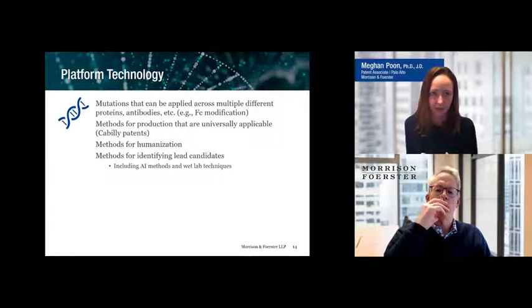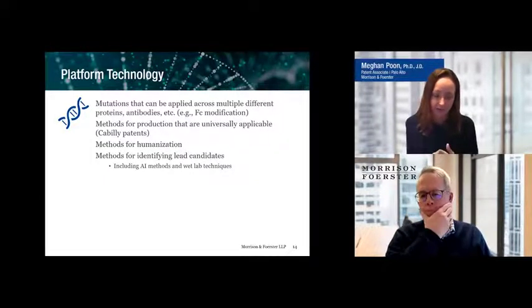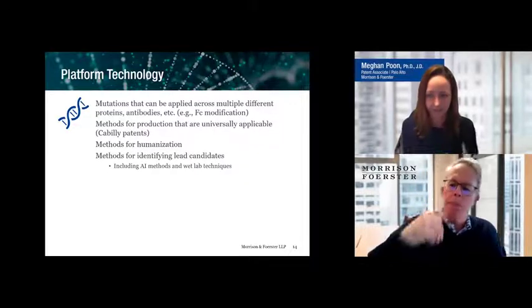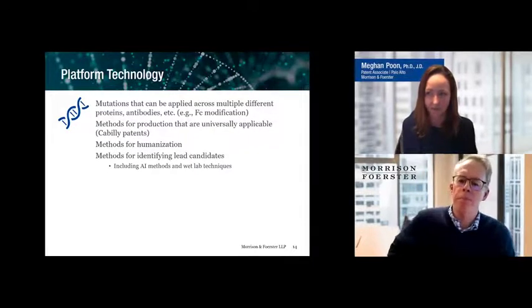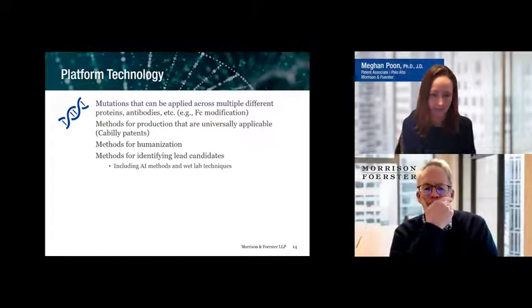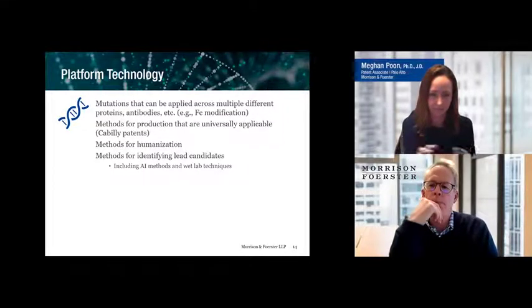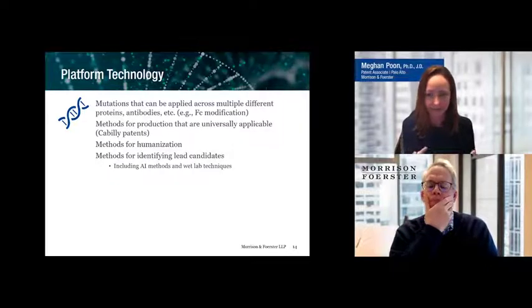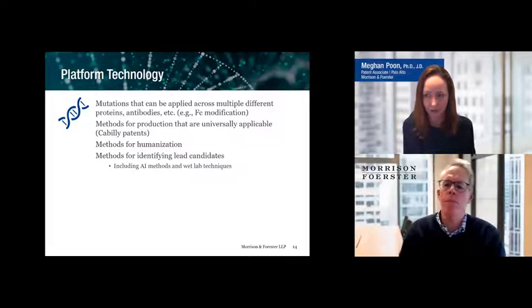In terms of CDR mutations, you can draft a claim to what I would call a degenerate CDR, meaning you say that certain amino acids can be a subset, or it can be anything. Those claims are slightly stronger from the US perspective in terms of patentability as compared to the epitope claim.